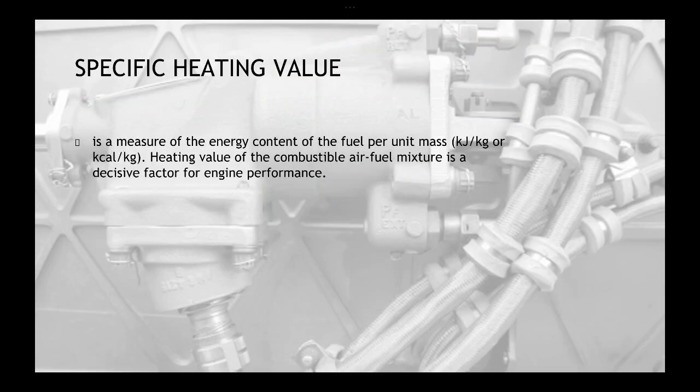Okay, let's move on with the specific heating value. Specific heating value, you can say, is LHV or HHV. LHV is your lower heating value, while HHV is your higher heating value. It is a measure of the energy content of the fuel per unit mass.